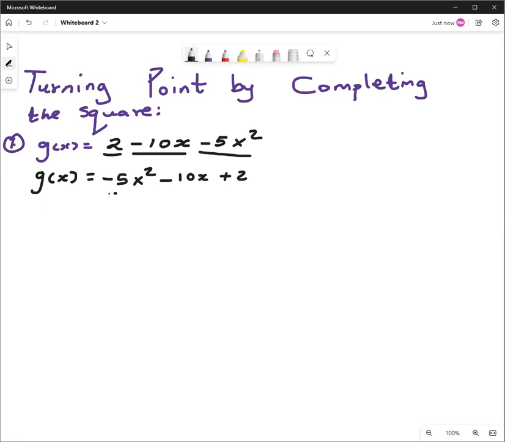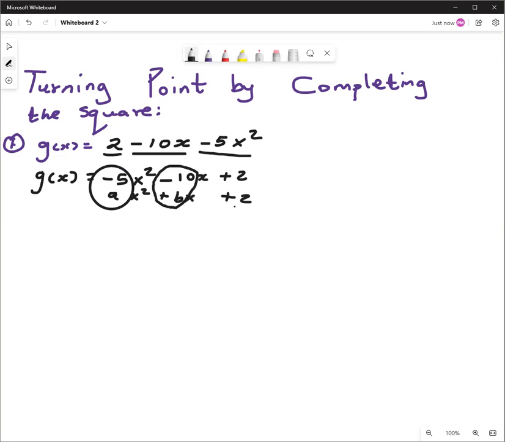So it's in the form ax squared plus bx plus c, right? Let me just write that at the bottom: ax squared plus bx plus c. You can easily see that your a is negative 5. Then you can see that your b is negative 10.